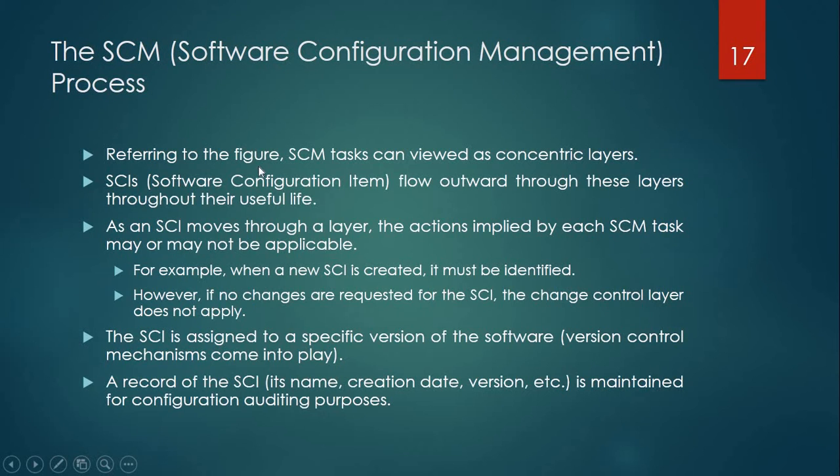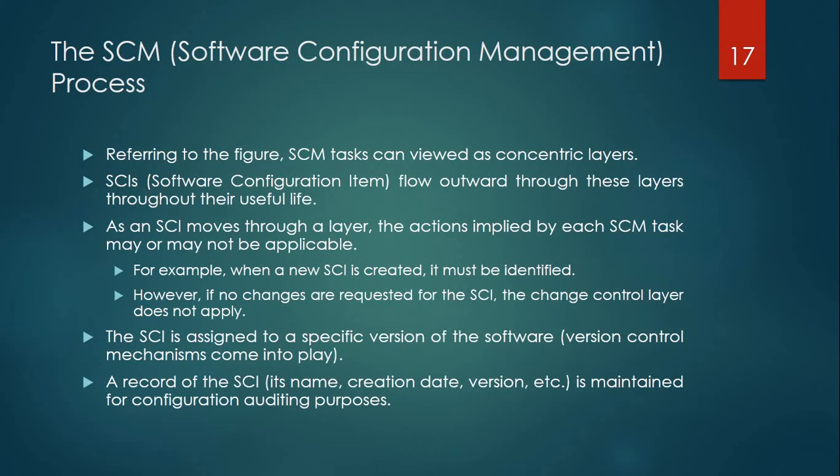Referring to the figure, SCM tasks can be viewed as concentric layers. SCI means software configuration item, at the base, flows outward through these layers throughout its useful life. As an SCI moves through a layer, the actions implemented by each SCM task may or may not be applicable.